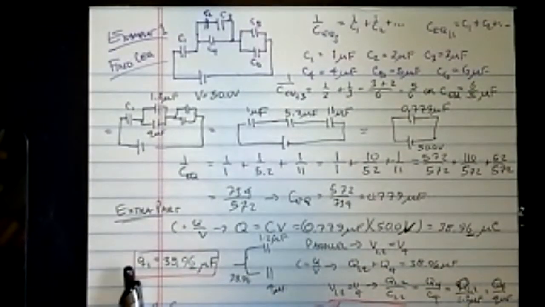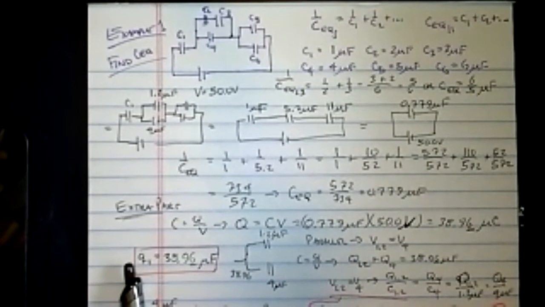Okay. I know C2 and C3. Now I just have to solve for Q2 and Q3, but I know that Q2 and Q3 actually have to be equivalent.